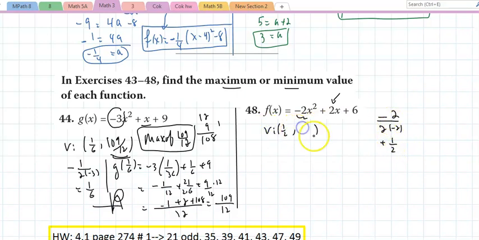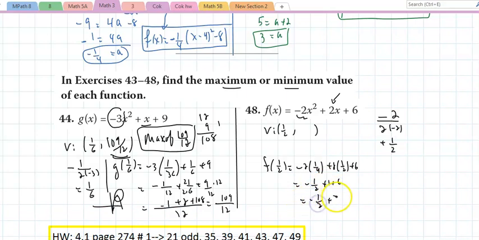To figure out the y, which is the maximum or minimum, you figure out what is f of 1/2. That is negative 2 times 1/4 plus 2 times 1/2 plus 6. That is negative 1/2 plus 1 plus 6. That is negative 1/2 plus 7 all over 2, negative 1 plus 14. That is 13 over 2.